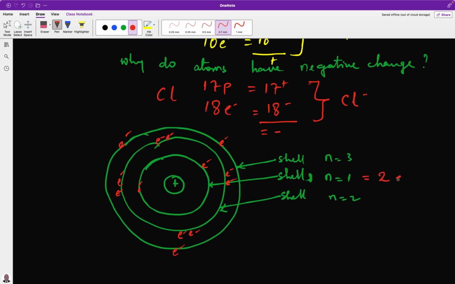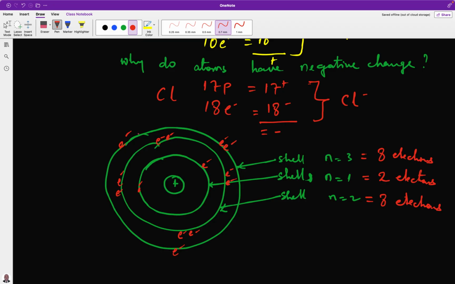2 electrons. The second shell, after the first one, is supposed to have 8 electrons. The third shell and the rest are supposed to have 8 electrons also. Then for the outermost shell, we don't know the number of electrons that are there.